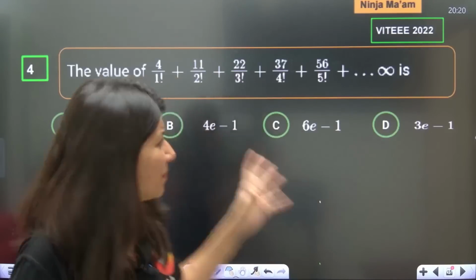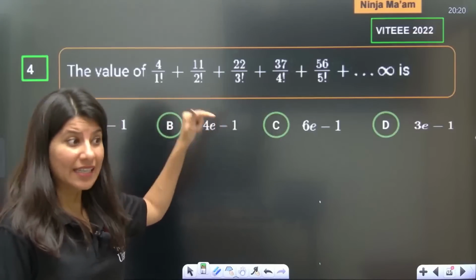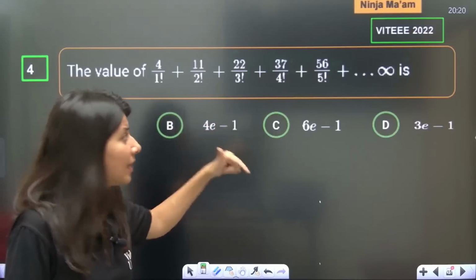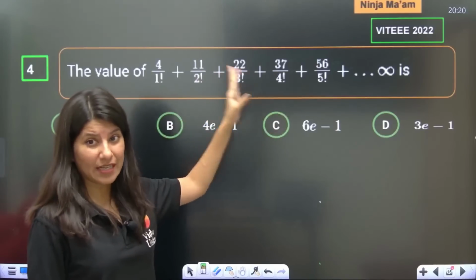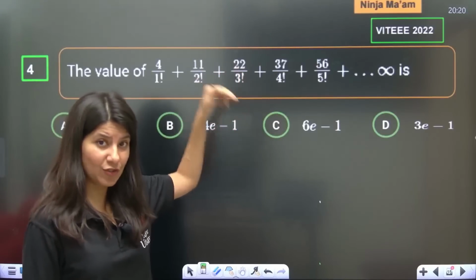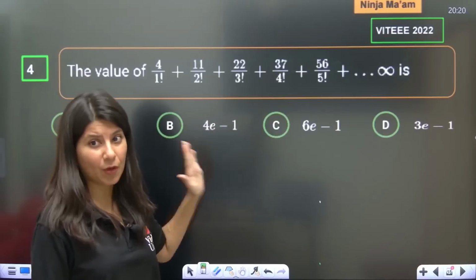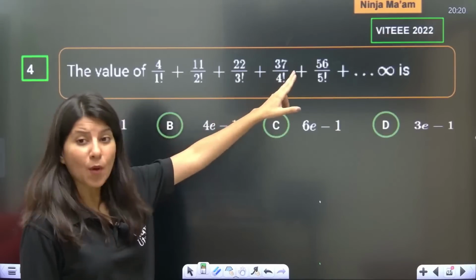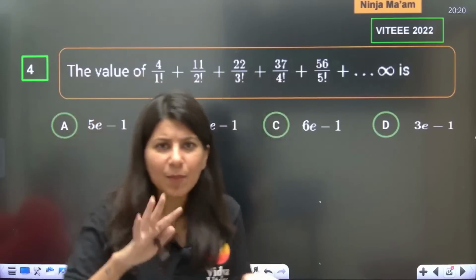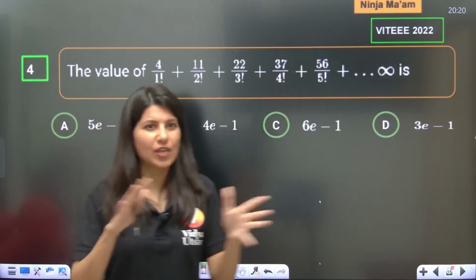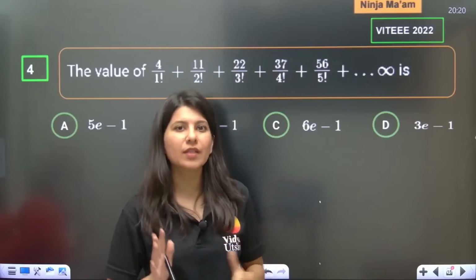You will not see many such questions in JEE, but in 2025 April we saw a similar question in the JEE Main attempt also. But this is popular in VIT EEE.